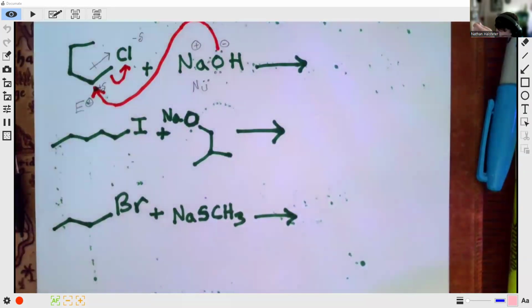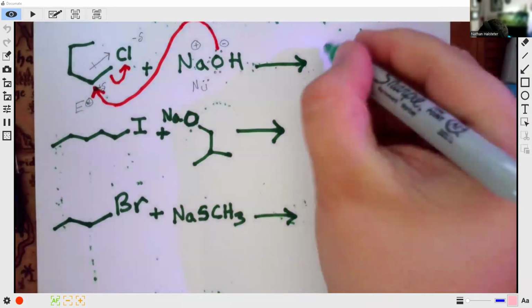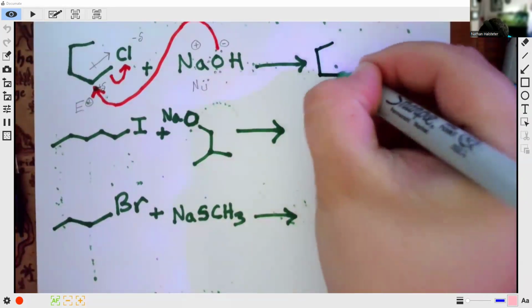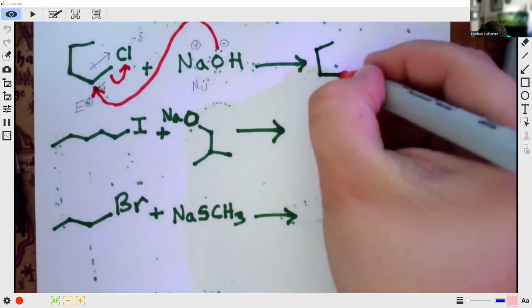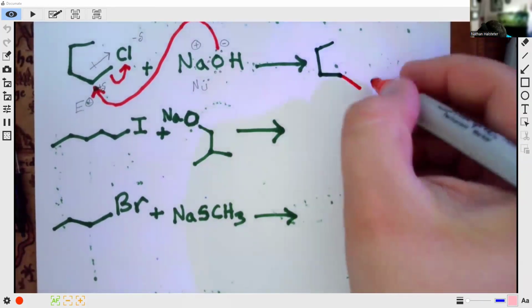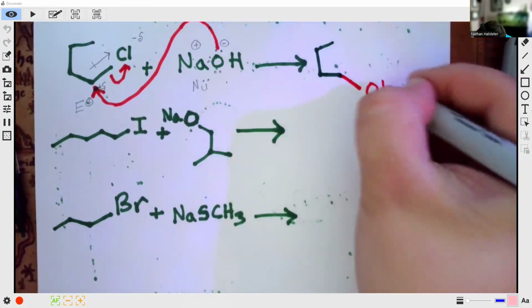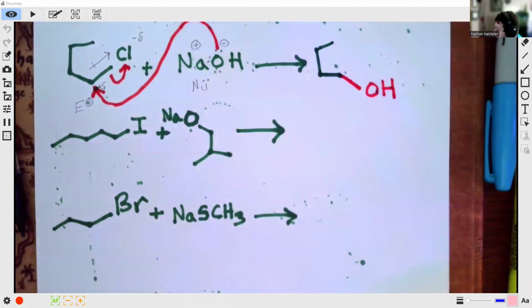So for our final products, we've now formed a new bond between this carbon and this OH. Hopefully you got that one.